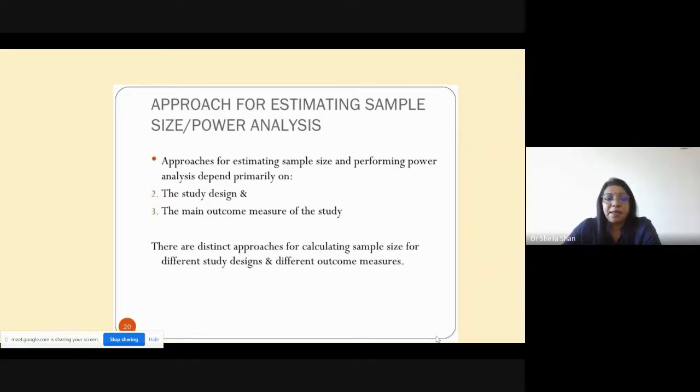It depends on what? The study design. Again, it depends on your study design and the main outcome measure of the study. So there are different approaches for calculating the sample size, depending on your study design and on the outcome.